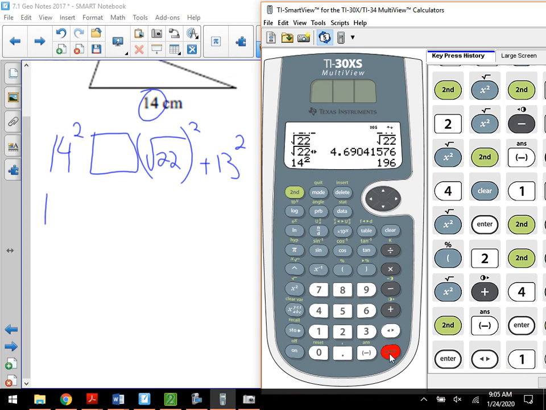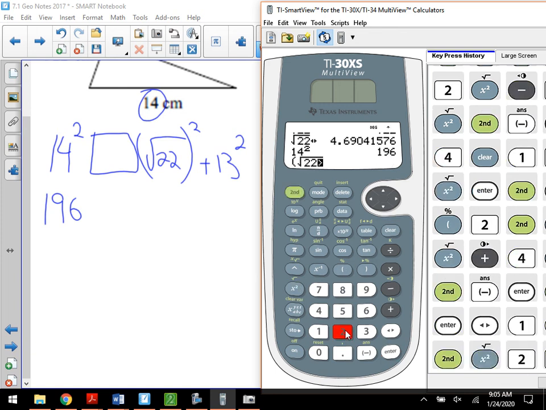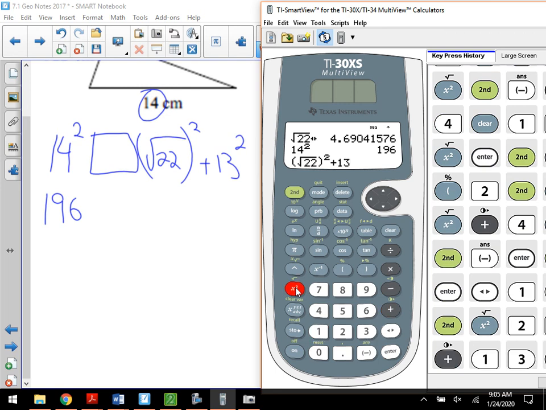We get 196. When I type in the square root of 22 and I have to square it, remember, parentheses, square root 22, right arrow, close them, square. And then I also can put in plus 13 squared and hit enter. And it gives me 191.